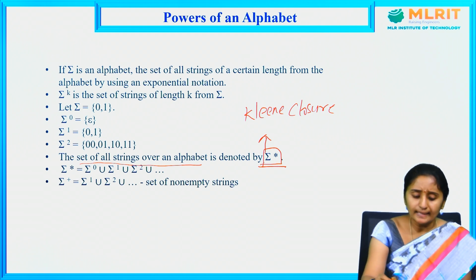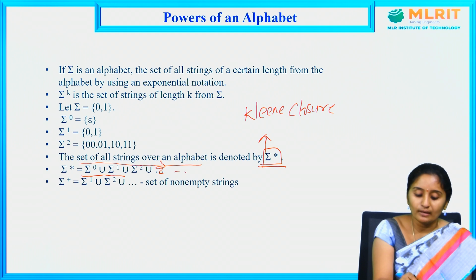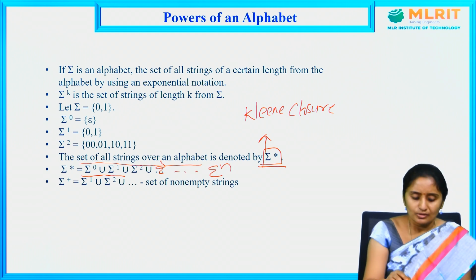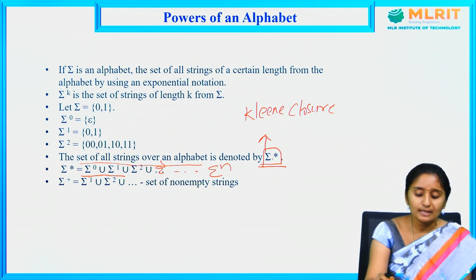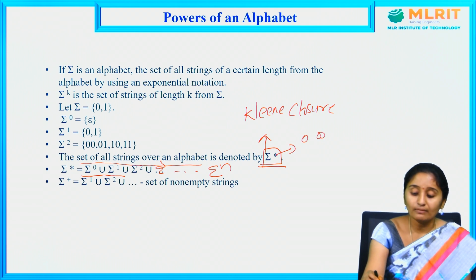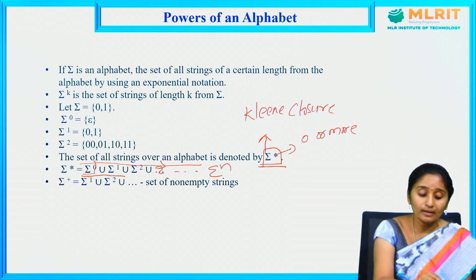Sigma star is the union of sigma power 0, sigma power 1, sigma power 2, sigma power 3, up to sigma power n, and so on. Once again, sigma star means 0 or more occurrences, which is why I have written sigma power 0. So 0 is also represented in sigma star.